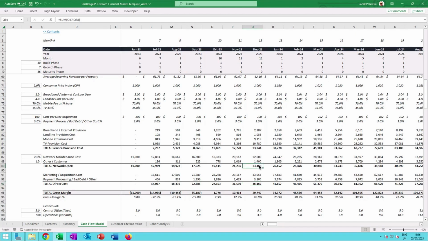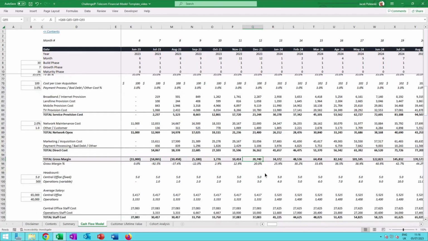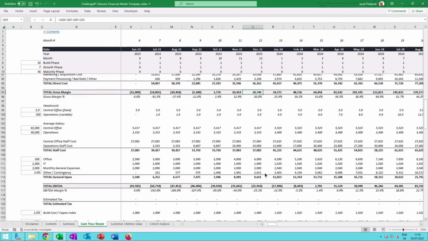Then there will be some network OPEX, so any costs related to maintaining your network, your infrastructure, and then you will have some other direct costs, which would be your marketing acquisition costs, for example, and payment processing. And that allows you then to calculate your gross margin in here, which then leads us to the calculation of central costs.